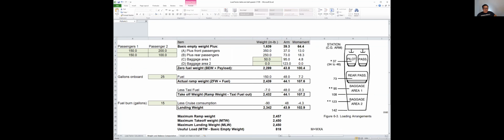So now how do we know that we are between limits? What we do here is we go back to our POH and we're going to use this table called airplane CG locations. We have calculated that we're at 44.1. So let me see if we can draw something here.